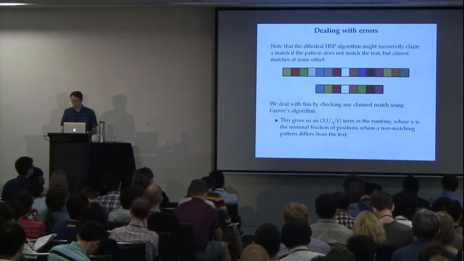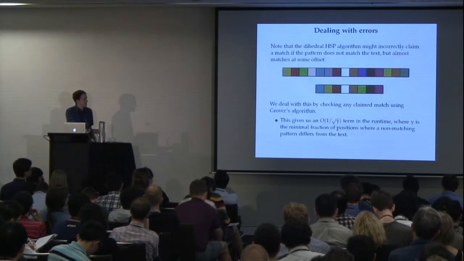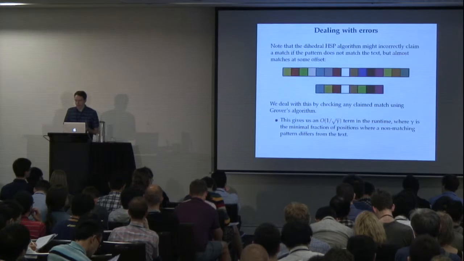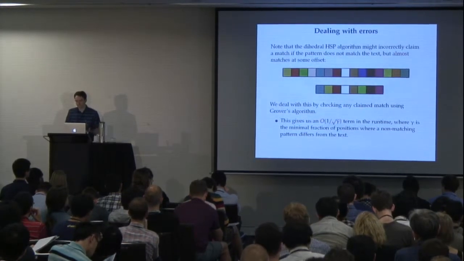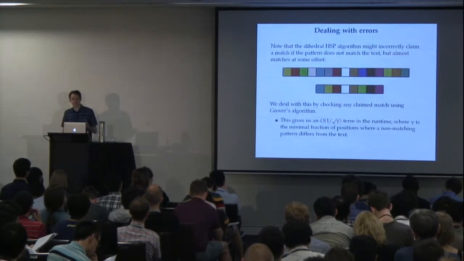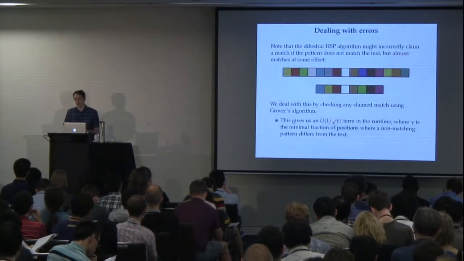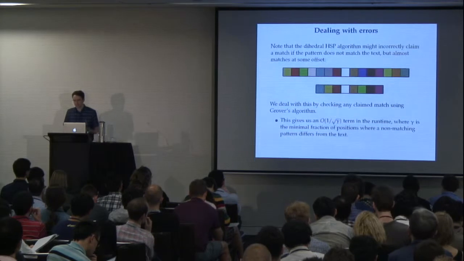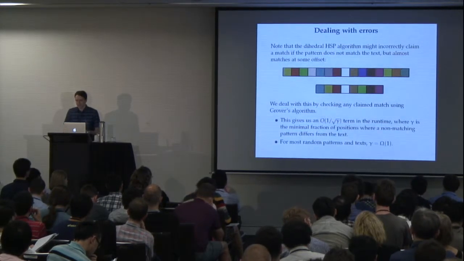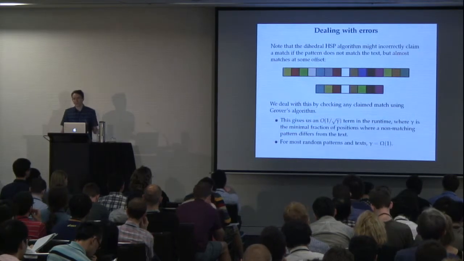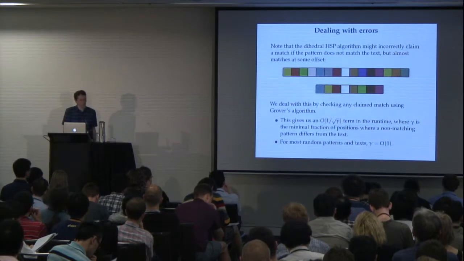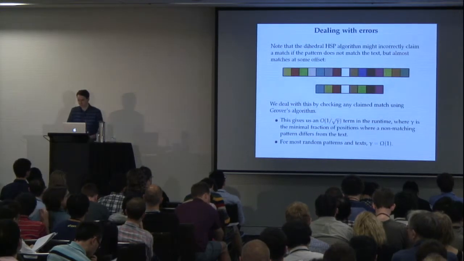So what I mean by this is that this term gamma here will be large if at every position where the pattern might match the text, you can verify that it doesn't in fact match with only a few queries to the two of them. So this is maybe a property testing kind of concept. And for most random patterns in texts, this isn't a problem because this term still ends up being lower bounded by a constant.